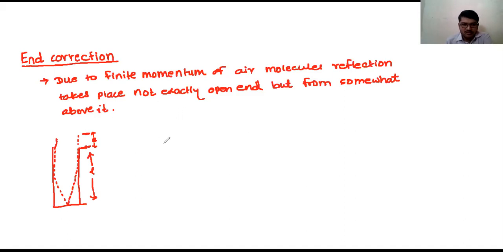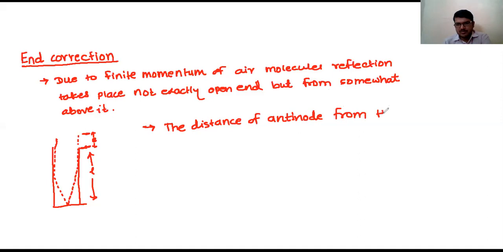So can I write like this? The distance of the antinode from the open end is called end correction.